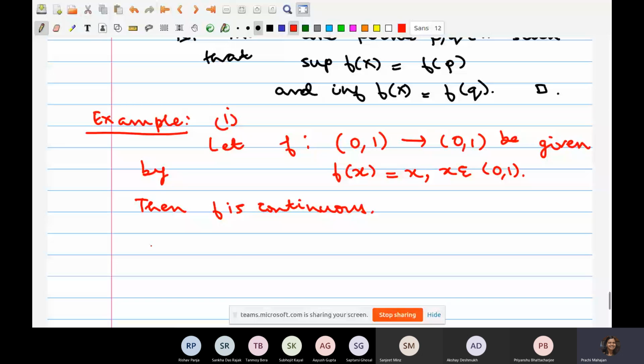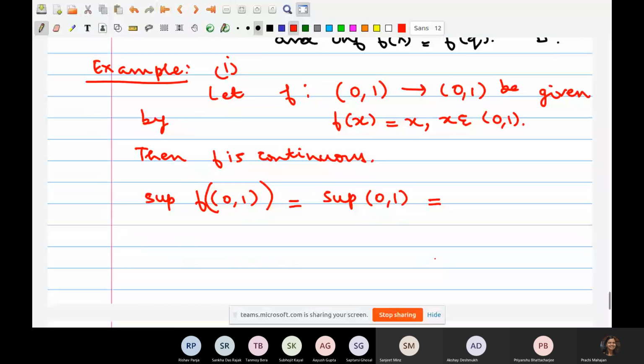And then let's look at the image f of 0, 1. So this image in this example is actually the open interval 0, 1 itself, correct? Which means that if I want to take the supremum, what is the supremum of the open interval 0, 1? 1, correct?